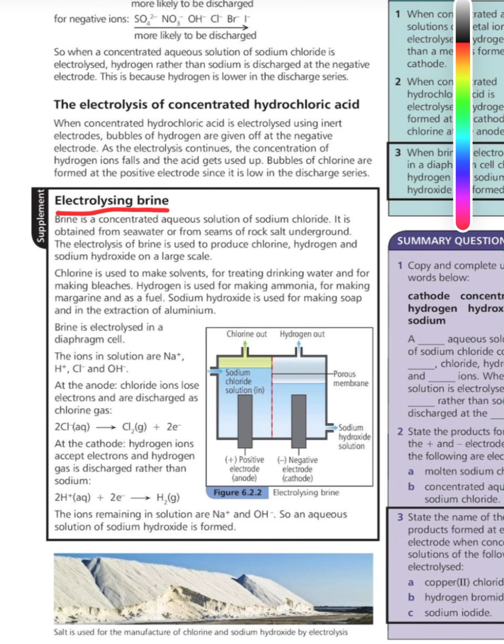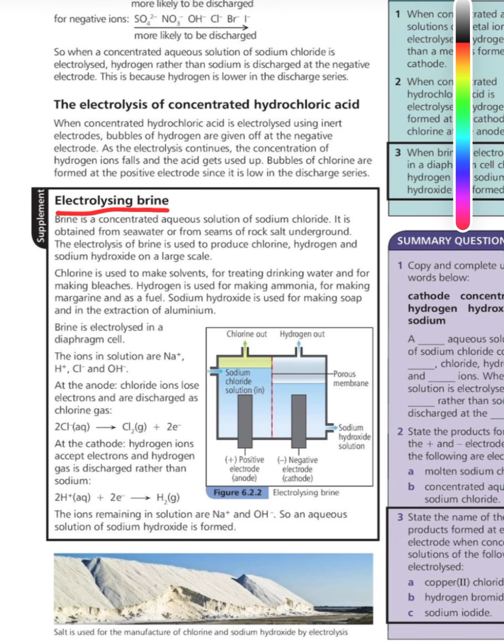Normally, it is salty water that we get from the sea, but usually we use it to produce chlorine, hydrogen gas, and as well sodium hydroxide on a large scale. All right, that's fine.